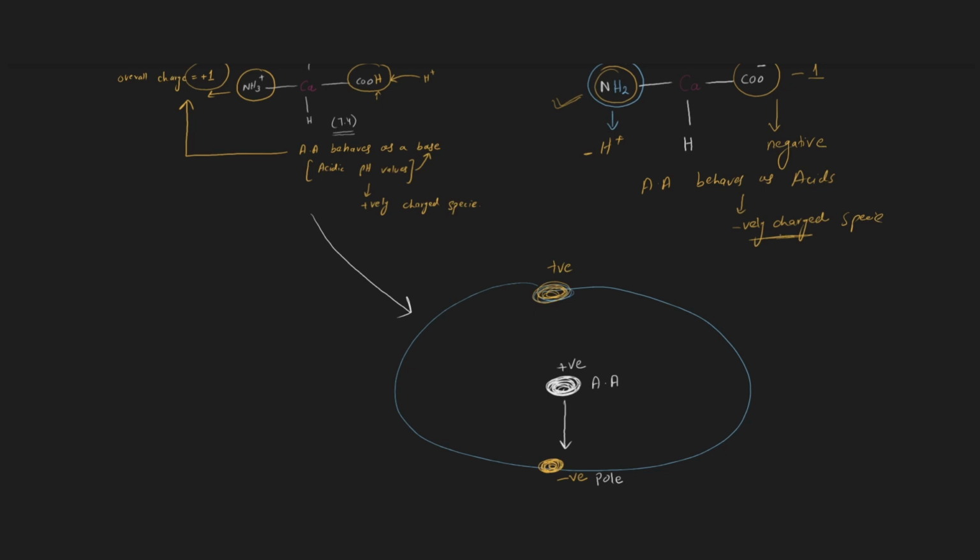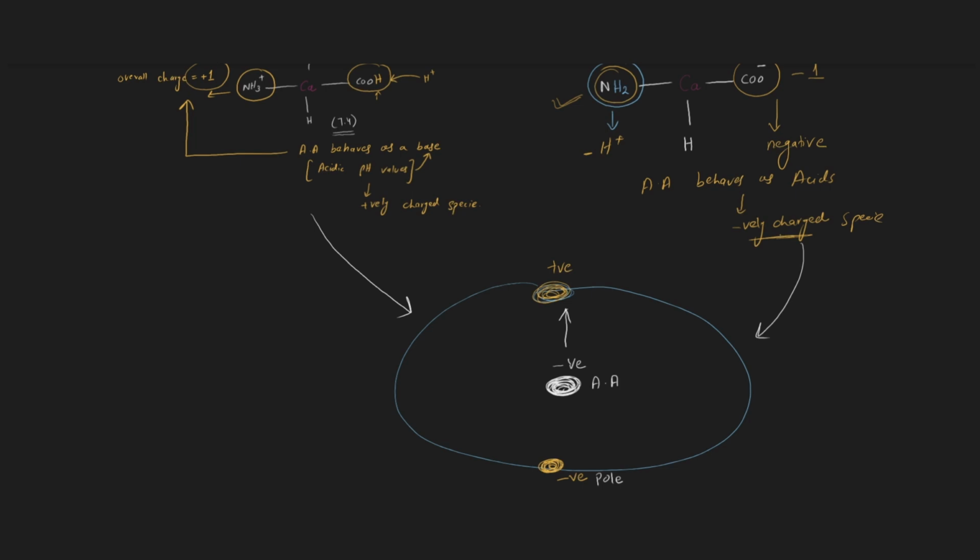Similarly, let's consider another scenario, where the overall charge on the amino acid is negative. Now in which direction is the amino acid going to move? Definitely the amino acid is going to move towards the positive pole.